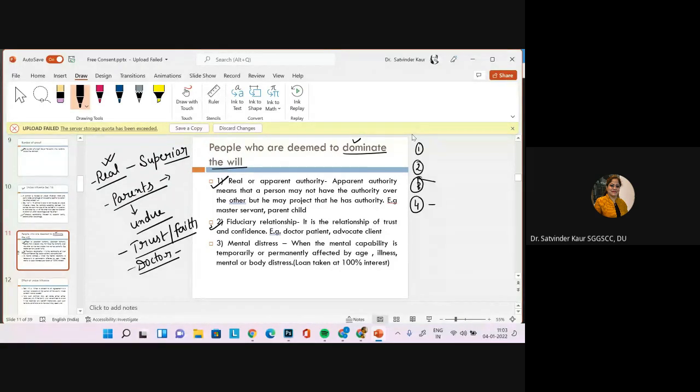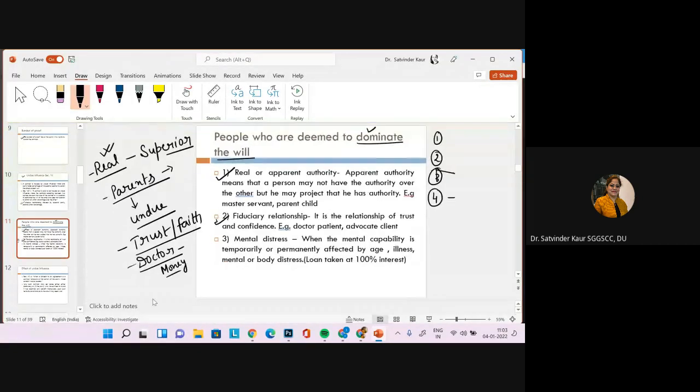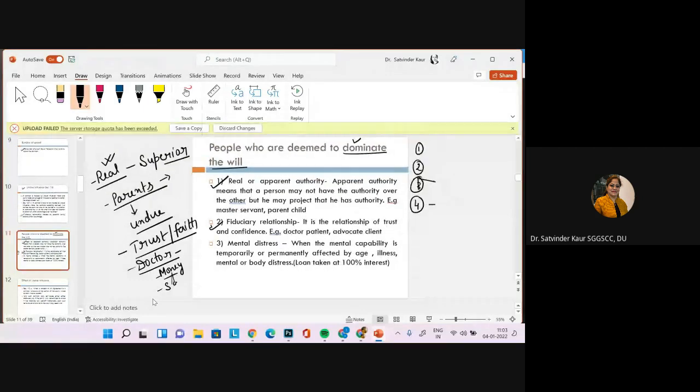But if these medicines or certain tests are specifically prescribed to earn money or commission, or to sell those medicines, then the doctor is taking undue advantage of his position. So you are going to follow whatever the doctor says, but if the intention of the person is to dominate the will or to take undue advantage of that particular contract, then definitely you can set it aside.